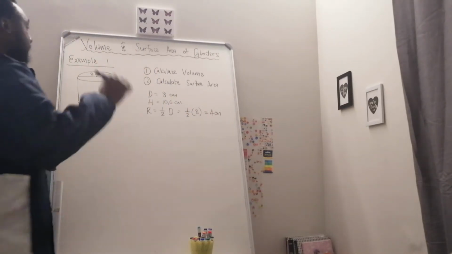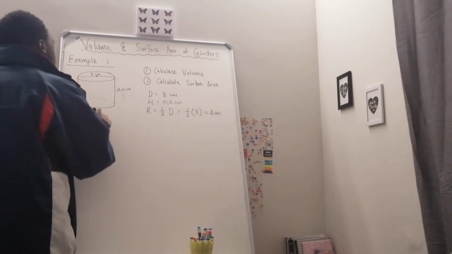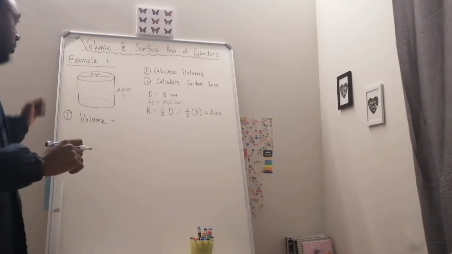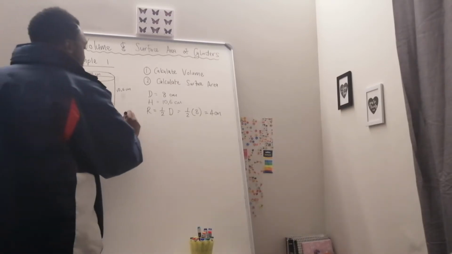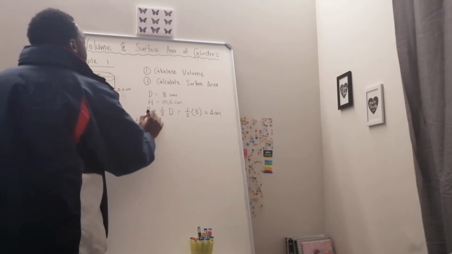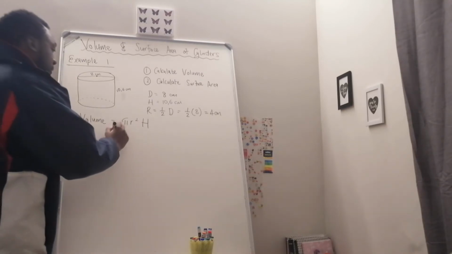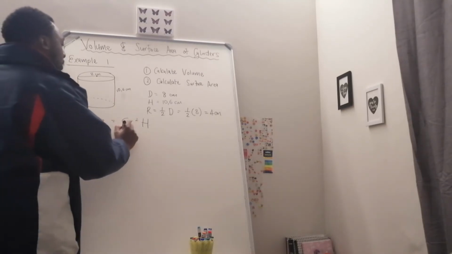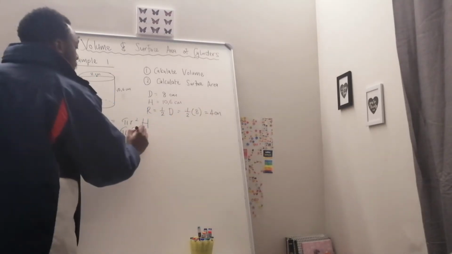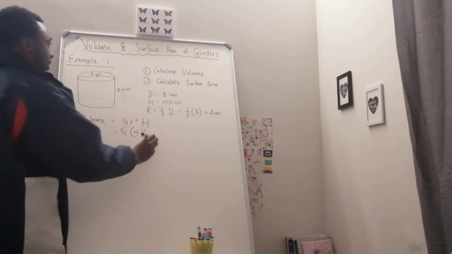One job done. So number one, the volume of the cylinder, by the way, it's a closed cylinder, closed on both sides. The volume of the cylinder is equal to pi r squared multiplied by the height, right? Then you just substitute pi, my r, which I just found, it's 4 centimeters. I square it, don't forget to square that, guys.